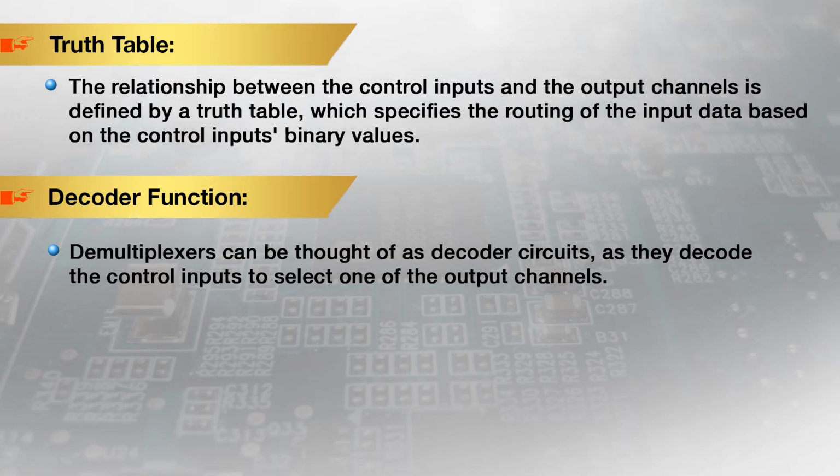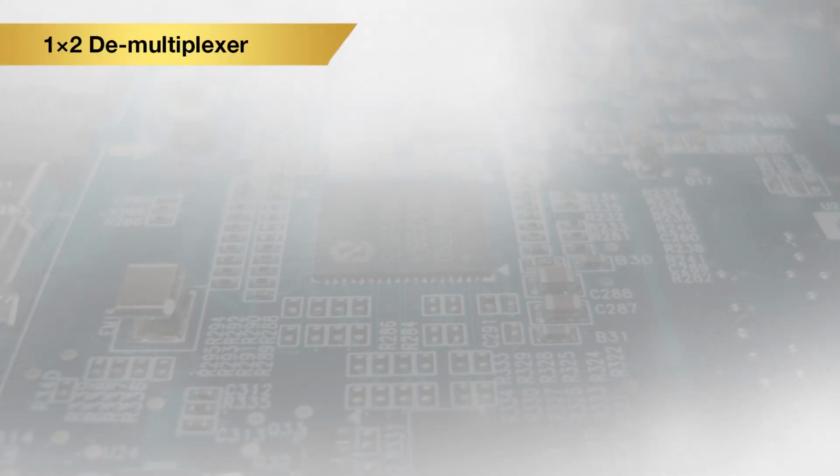A demultiplexer can be thought of as a decoder circuit, as it decodes the control input to select one of the output channels. So let's discuss a 1x2 demultiplexer.